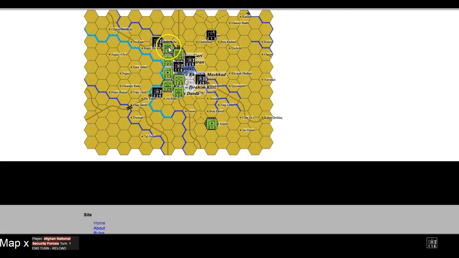So the question is, what do we want to do with this mechanized unit? We can leave him there or pull him back. I think considering that this assault is coming through from here, we could probably push some of these back. I don't know, there's just not enough to really do that. I think the first thing that we've got to do is to get this unit out.